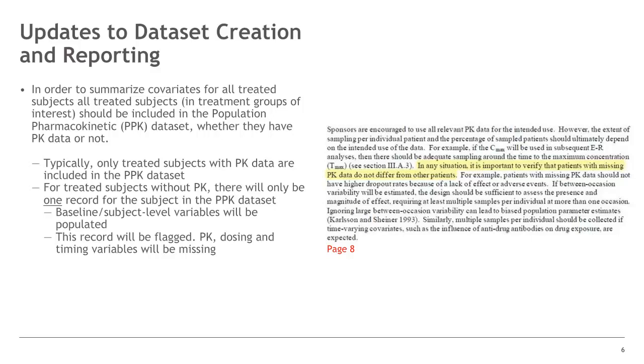One recommendation, which we also implement in BMS, is to just create one record per subject for these treated subjects that do not have PK and populate the baseline covariates for those subjects, flag that subject and exclude it from the analysis, but keep it in the dataset.